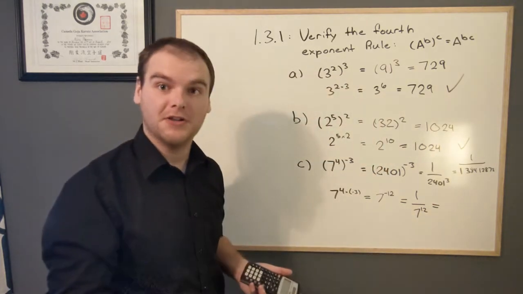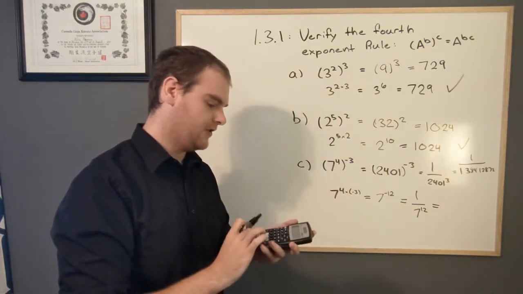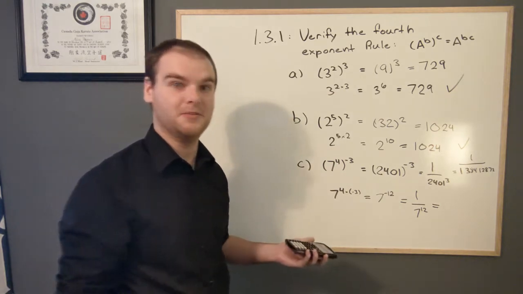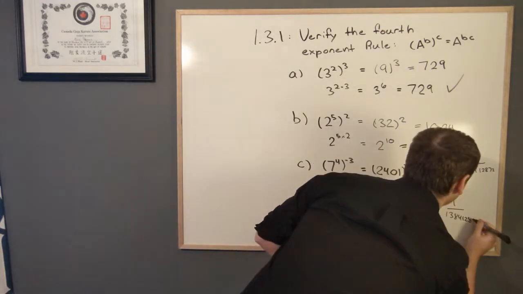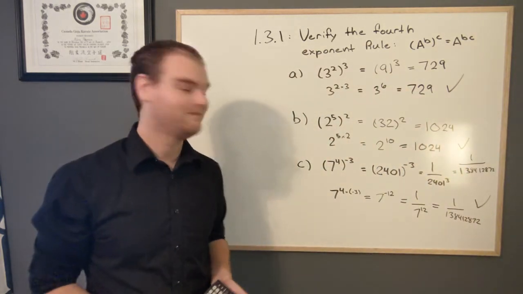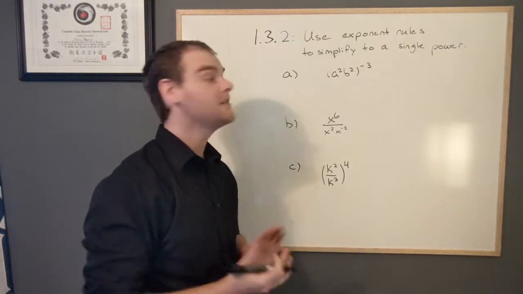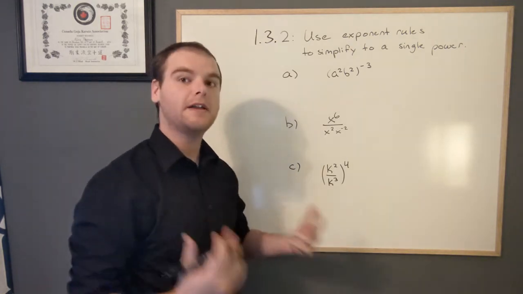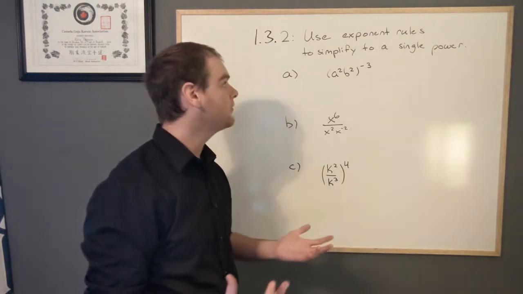And now we can evaluate our denominator. 7 to the 12 is, in fact, that really big number. And that's verified.